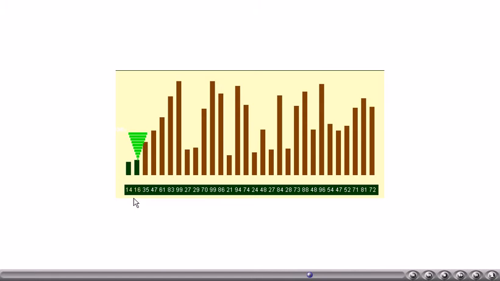Second smallest element came to the second element of the array.